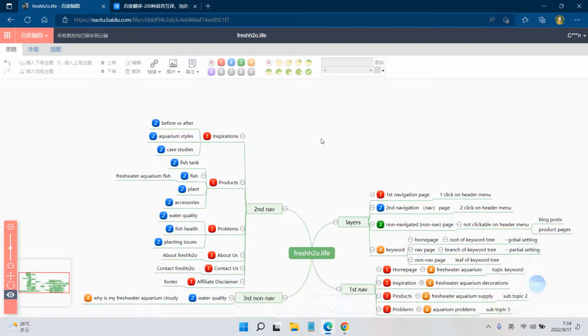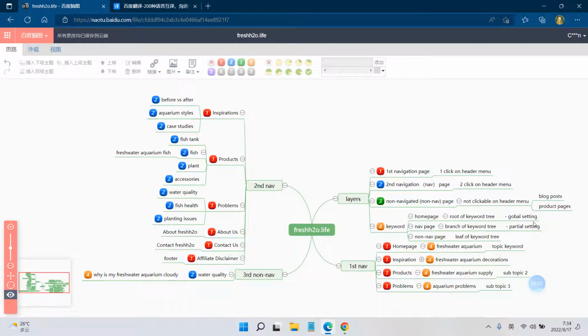Okay, thank you. So today we are making a point about this kind of keywords.